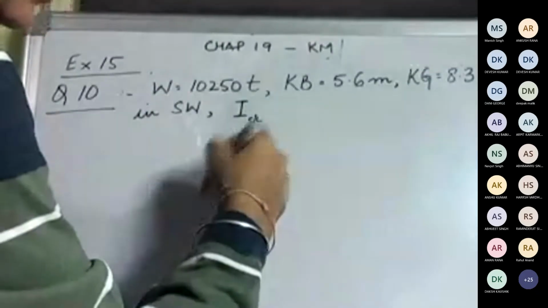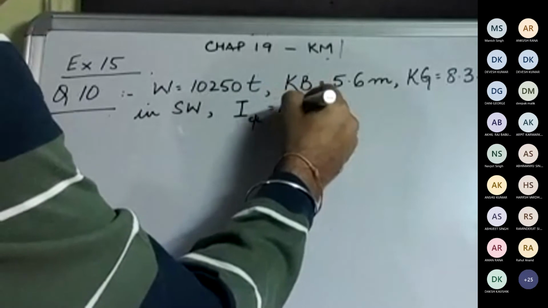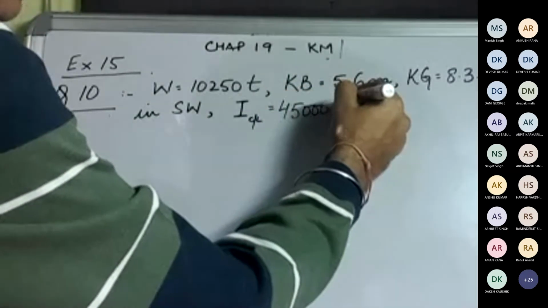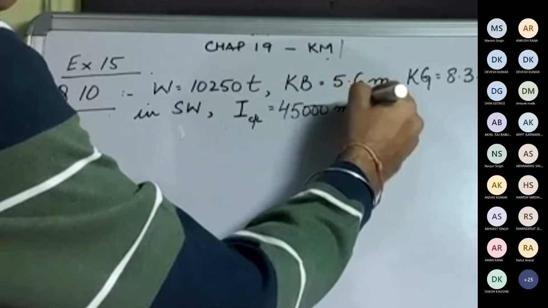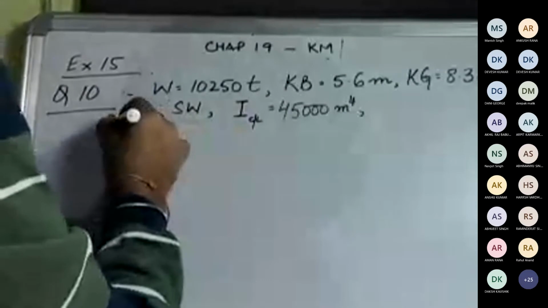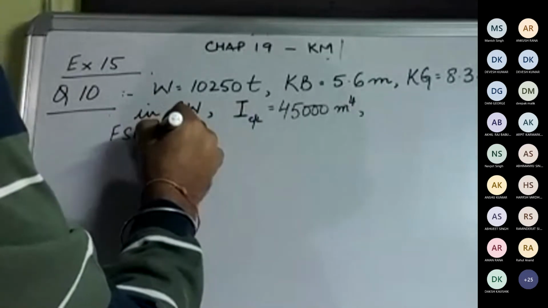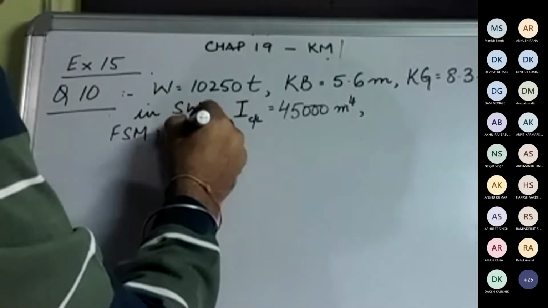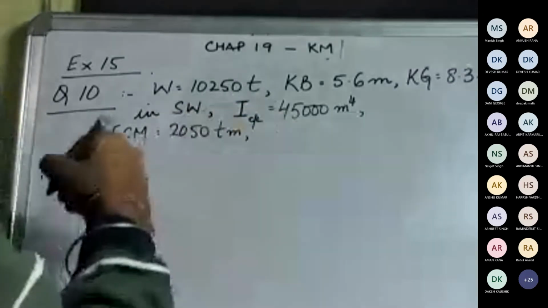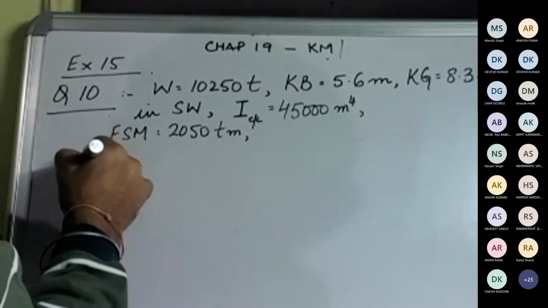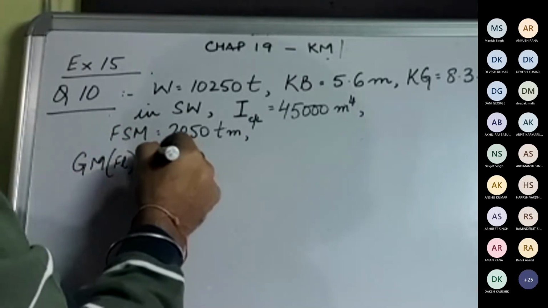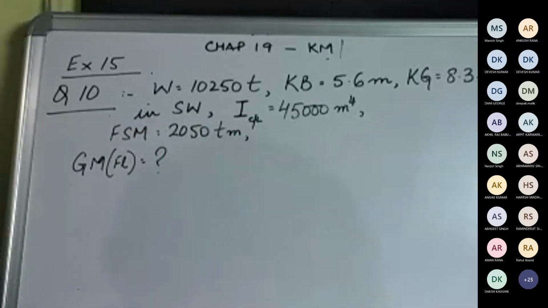So moment of inertia about center line is 45,000 M4. FSM is 2050 TM. Find the GM fluid.